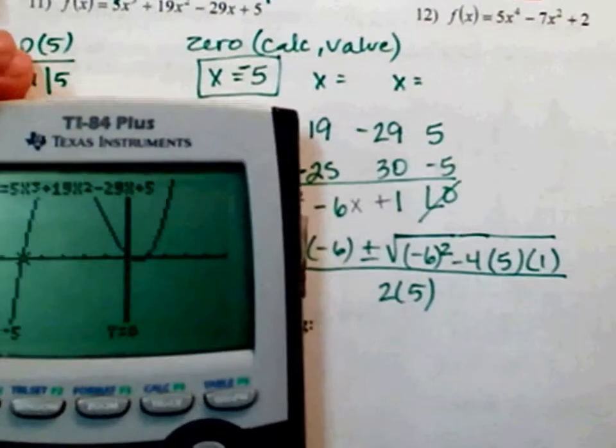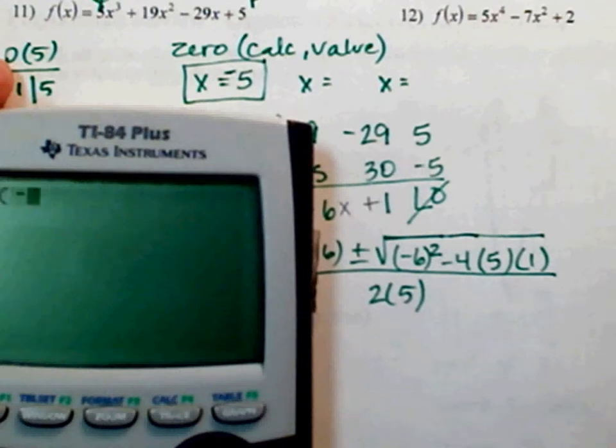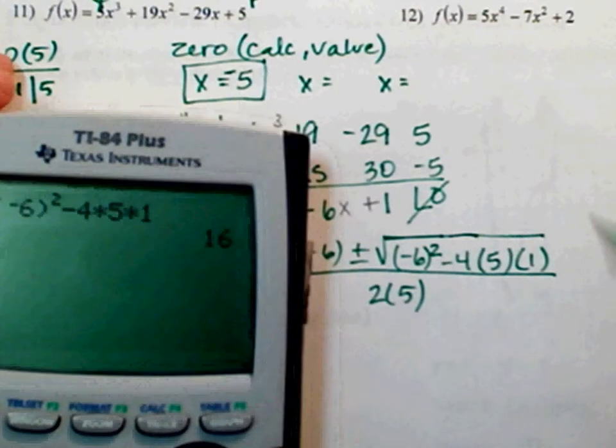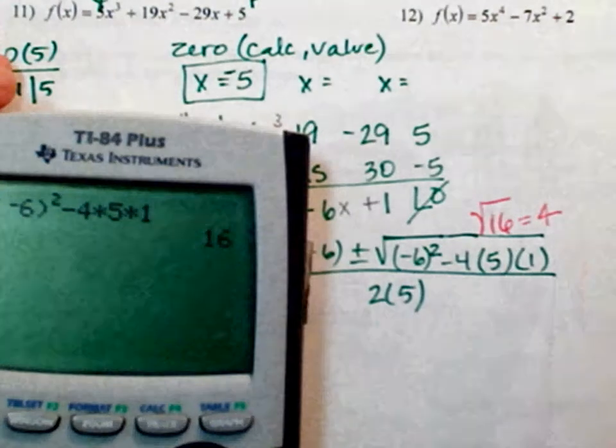So I'm going to clear, and I'm going to put negative 6 squared minus 4 times A times your C, and that equals 16. So this is the square root of 16, and the square root of 16 is a 4.